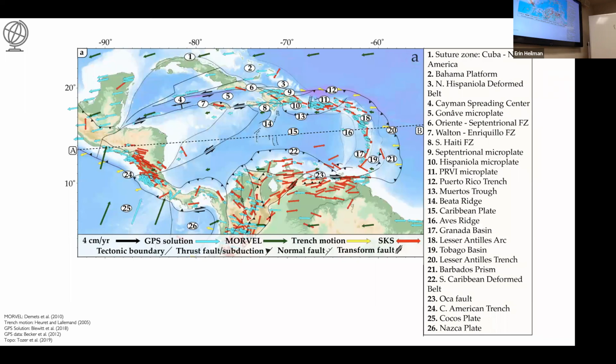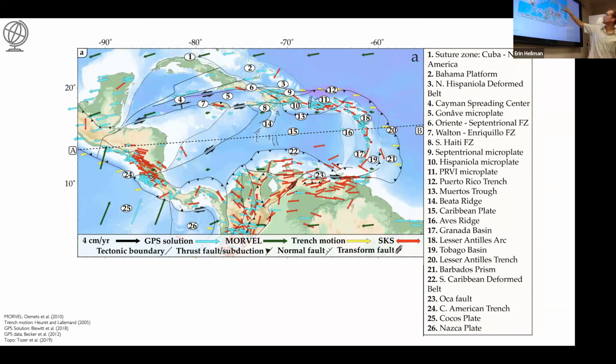On top of this, we have some GPS vectors from kind of different sources. So the blue, the cyan color, is going to be the GPS solution for individual GPS stations. So we can see those kind of scattered throughout Hispaniola. It's giving us an idea about how each of these pieces in Hispaniola are moving relative to each other.